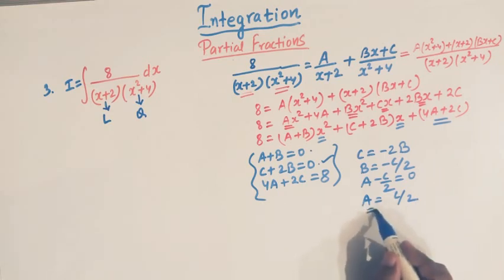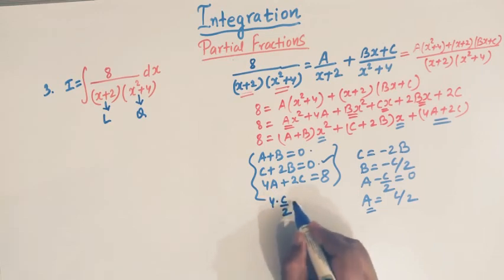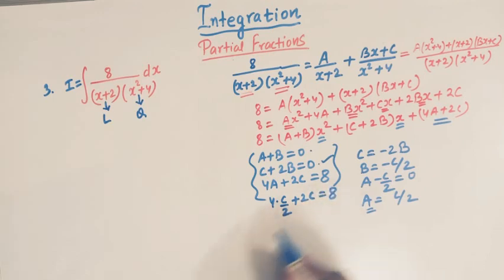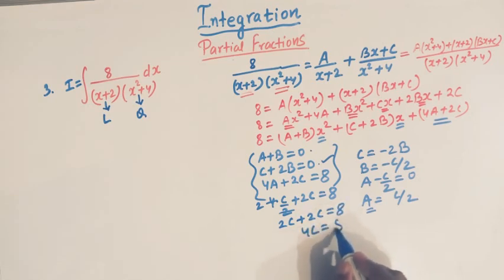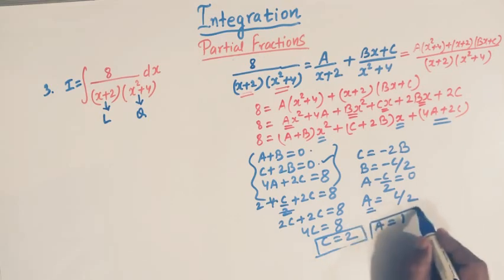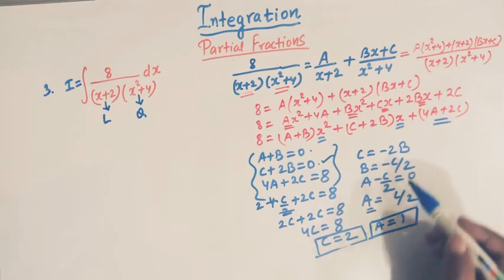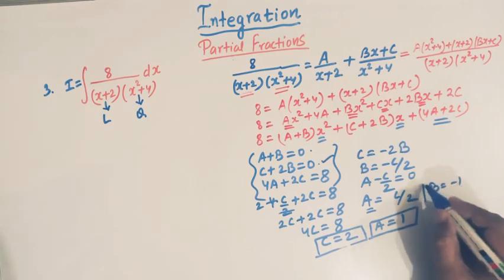Now substituting A equal to C by 2 here, we have 4 times C by 2 plus 2C equal to 8, so 2C plus 2C equal to 8, so we have 4C equal to 8, so C is equal to 2, right? Now substituting C equal to 2 here, we get A is equal to 1, and then B becomes minus 1, right?